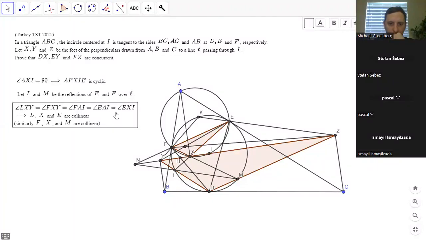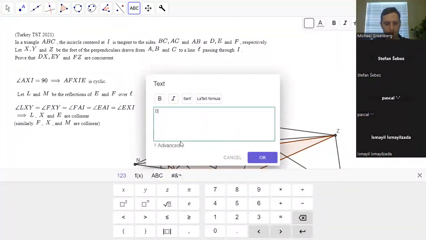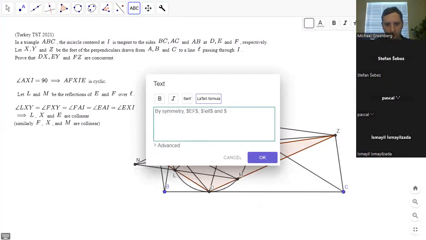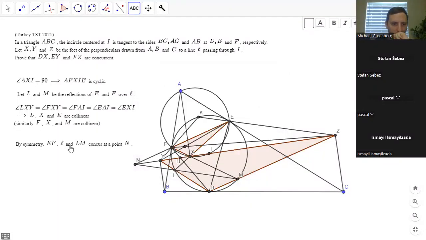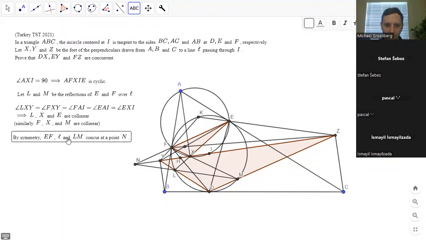So by symmetry, EF, L, and LM concur at a point N. And then by Desargues' theorem on DYZ and XCF, that solves the problem.